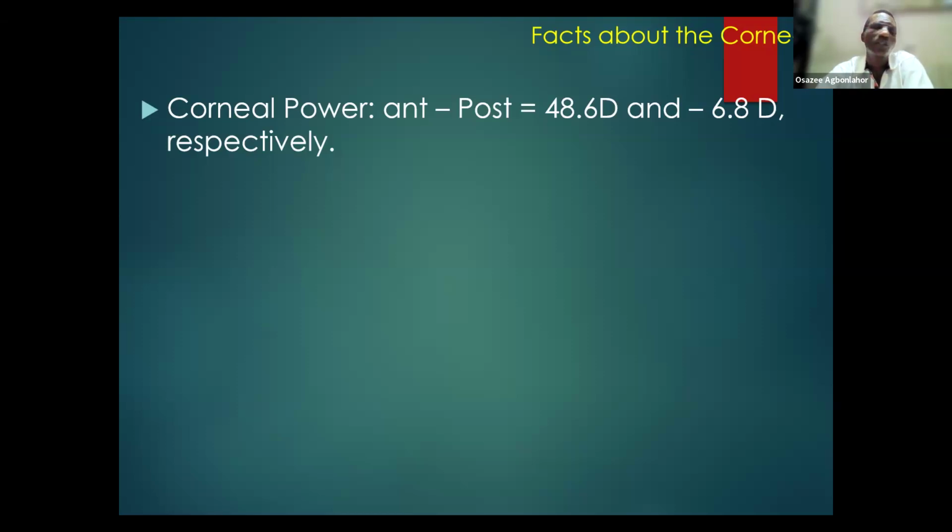Anteriorly, we have the epithelium, the Bowman's membrane, the stroma, the pre-Descemet's membrane, which is also known as the Dua's layer, the Descemet's membrane, and of course, the endothelium.